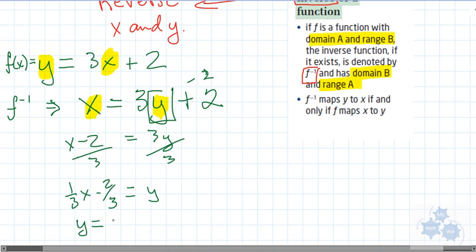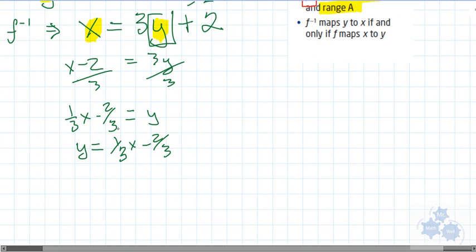Or if you write that the other way around, I'm going to flip that around. And this is the equation for the inverse. So now I can write f to the negative 1 of x is 1/3 x minus 2/3.